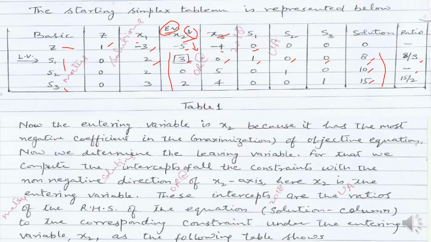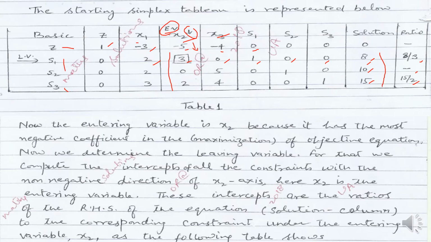So 8 upon 3, and this is 10 upon 0 here, so we won't take it, we will ignore it, which comes infinity. If the element is negative, the ratio is negative or infinity, we will ignore them. And in the S3 row it comes 15 upon 2.